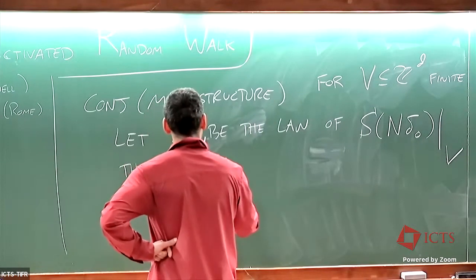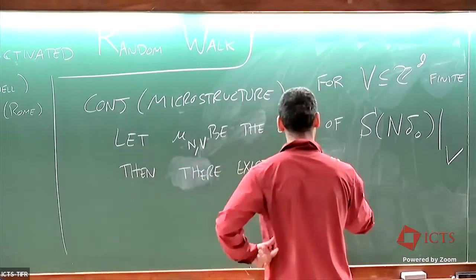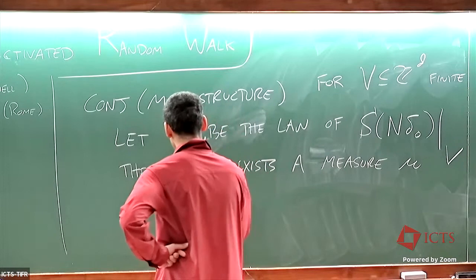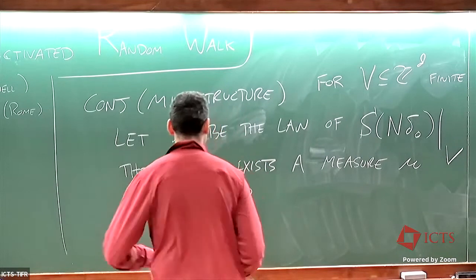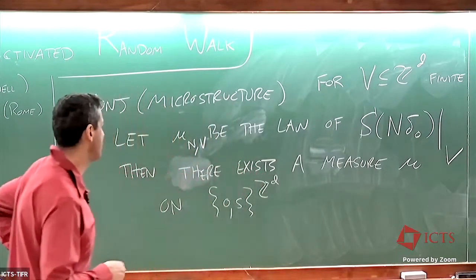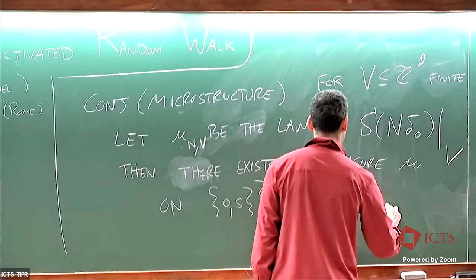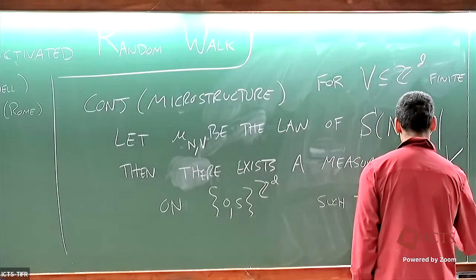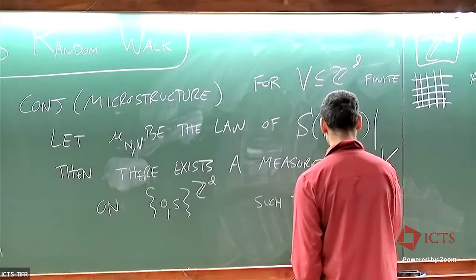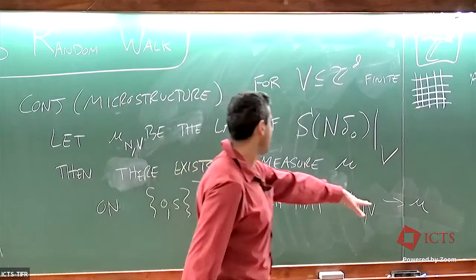So the conjecture is there exists a limit of these measures, a measure mu on configurations of sleeping particles in the infinite lattice Z^d, such that mu_{n,V} converges to mu. So what is the sense of this limit?